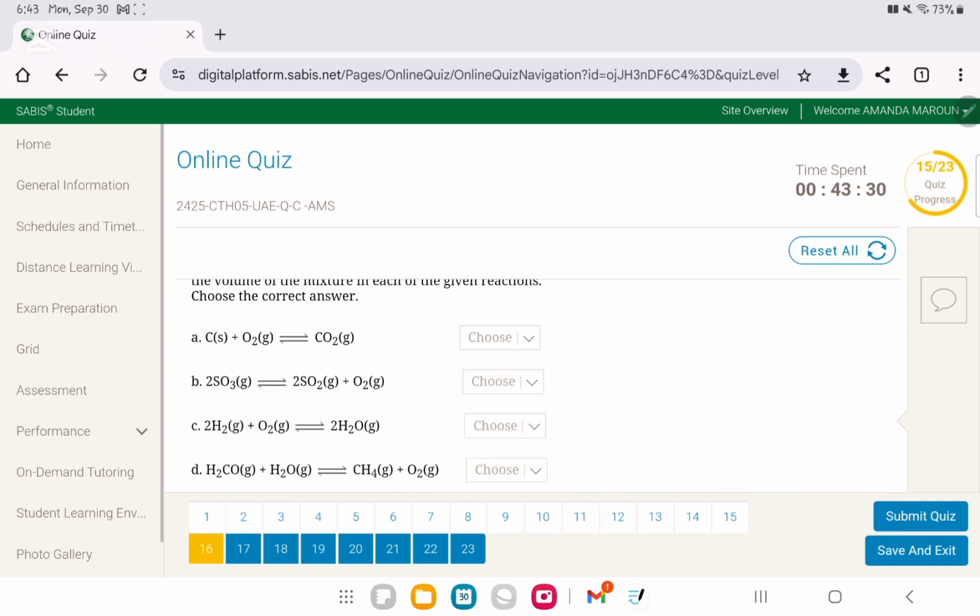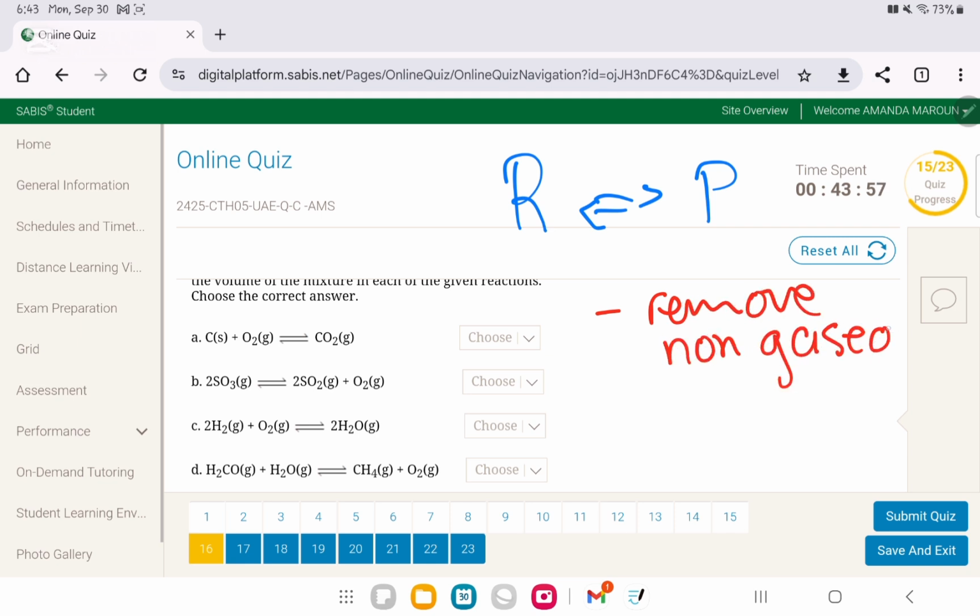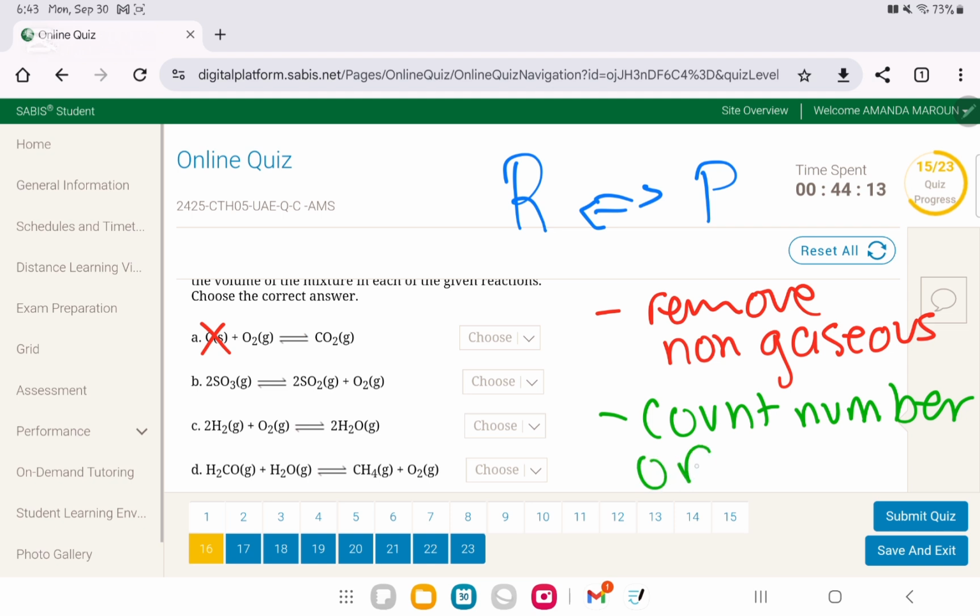So again, I will repeat. We have reactants in the gas and we have products. This is only in the case of gases. You remove anything non-gaseous. Over here we're gonna remove this. So now what do you do? You count the number of gases in reactants and products.